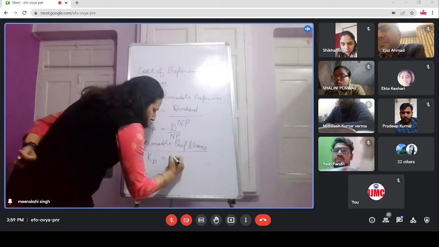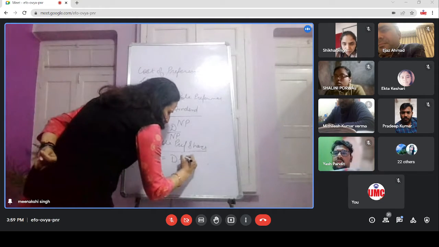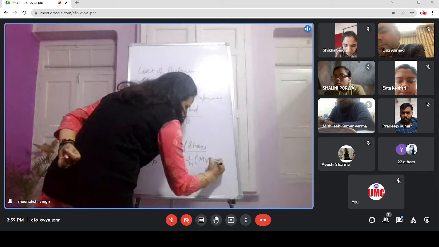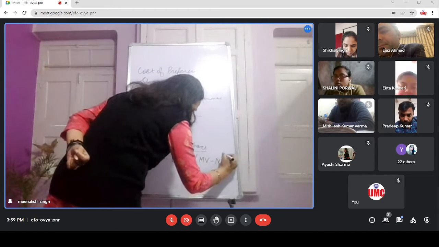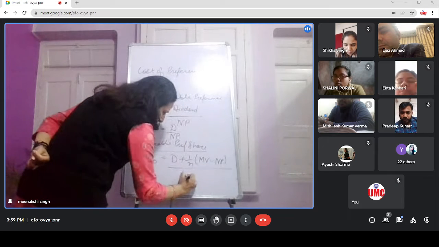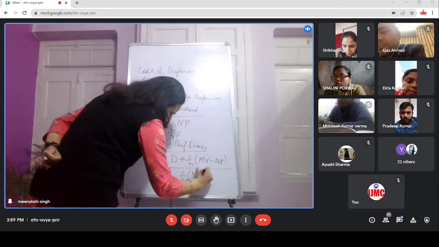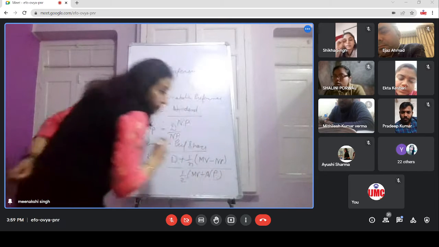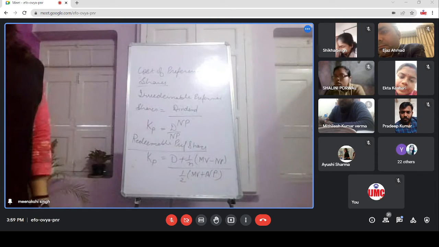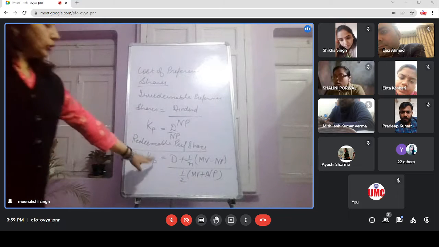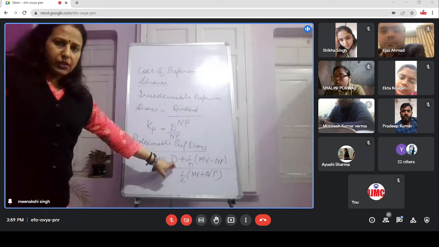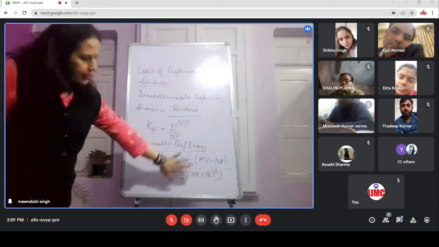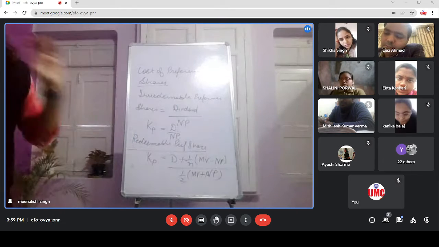Cost of preference will be equal to dividend plus 1 by n times maturity value minus net proceeds, the whole divided by the average of maturity value and net proceeds. This is just similar to that. Here we used the term interest, and out of that interest we deducted the tax rate. But now it is the similar one. We have to use the same formula.